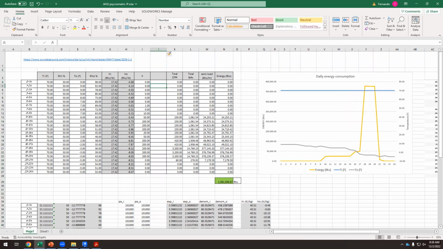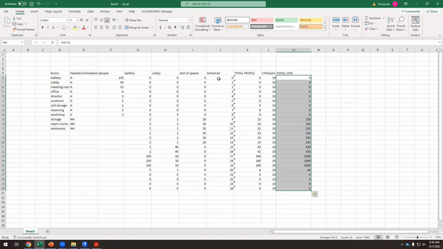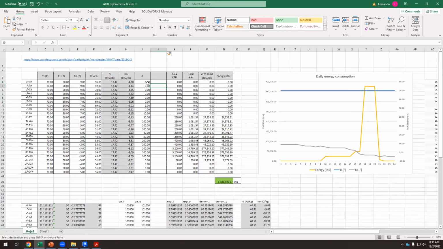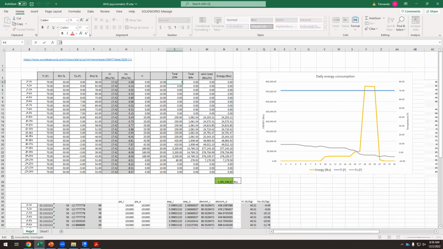Okay, so let's do that. I'm going to copy and paste these 2 rows, the total people and the CFM per person. Here I'm going to paste the values. And then if I want to do it well, I'm going to type here equals this column times that column.